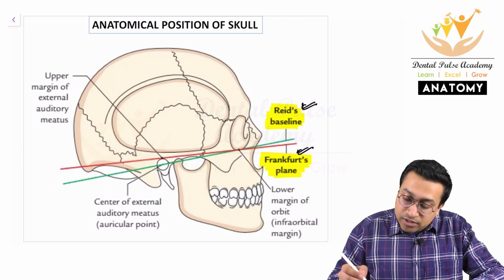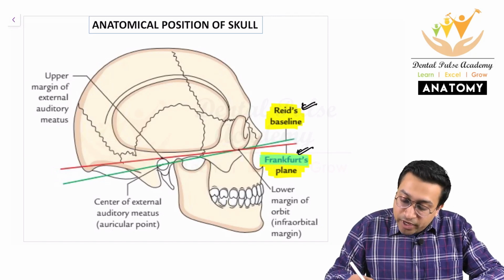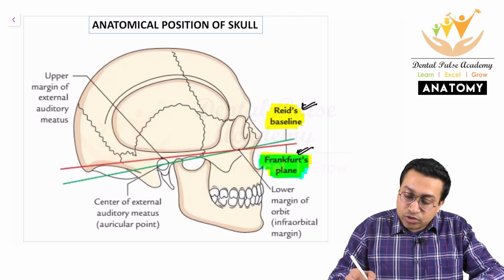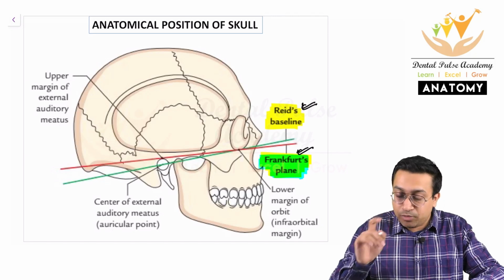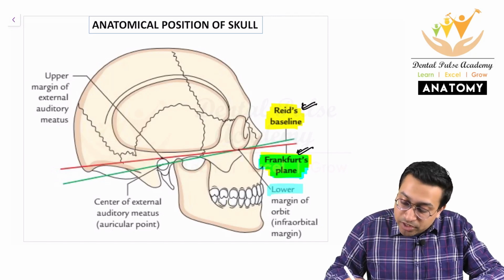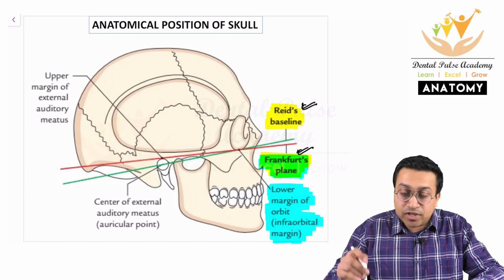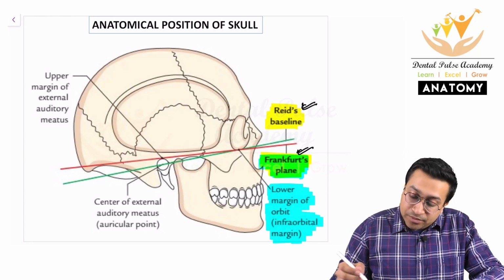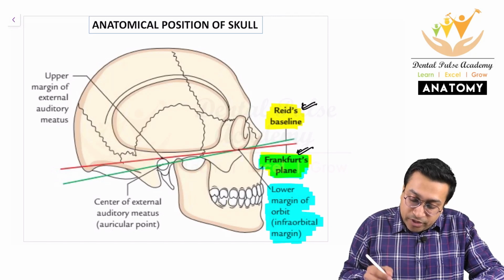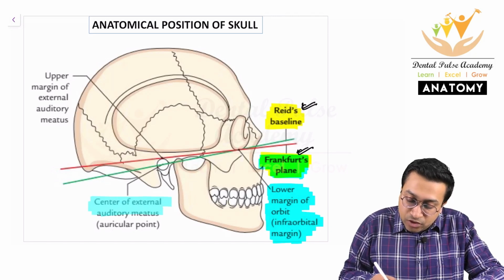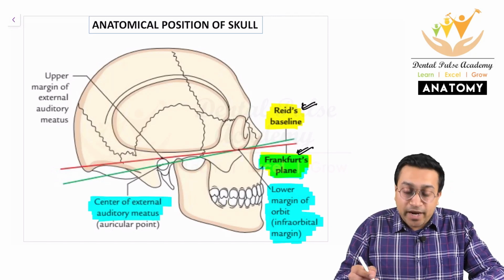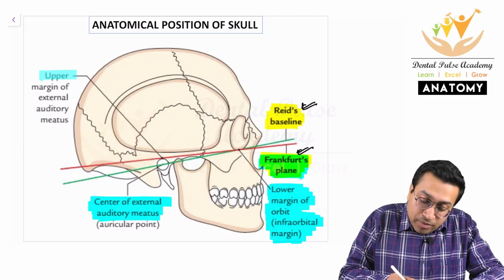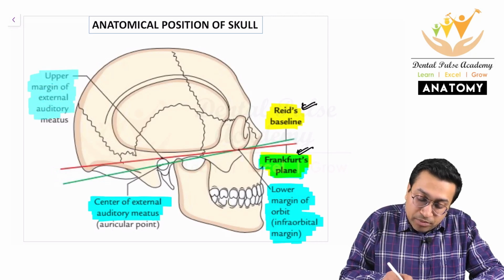Number one is the Frankfurt's plane. Both of them are actually converging at a single point, and that is the lower margin of the orbit, the infraorbital margin. We will discuss it eventually. And there are two different points: one is the center of the external auditory meatus and one is the upper margin of the external auditory meatus.